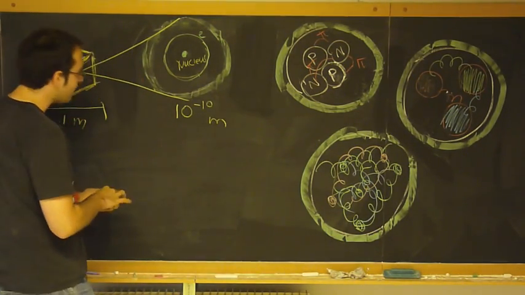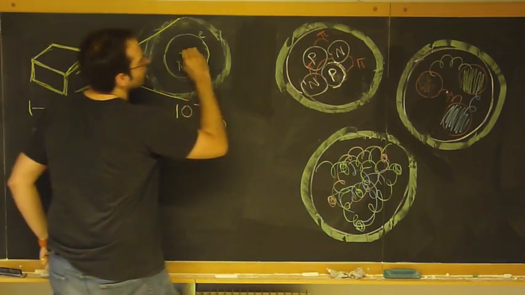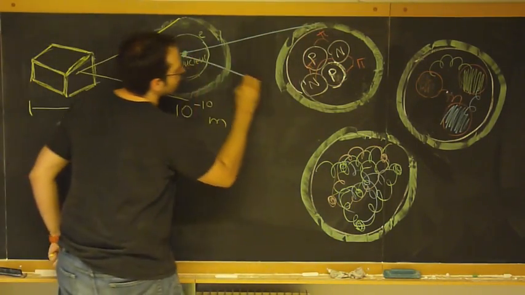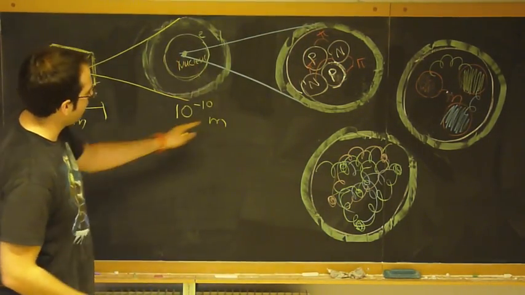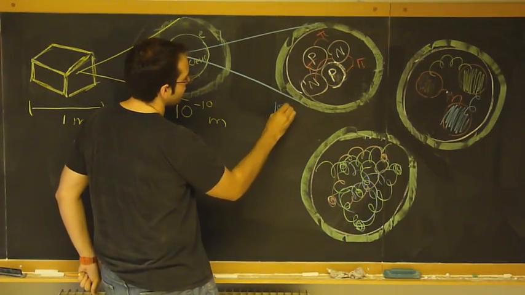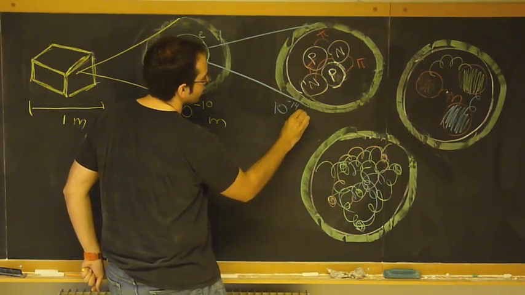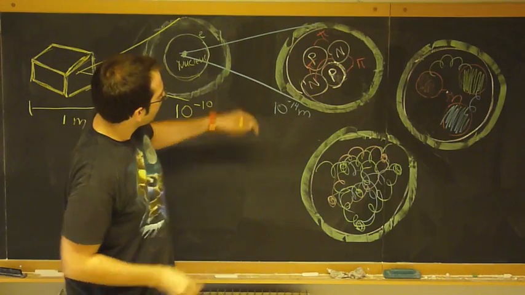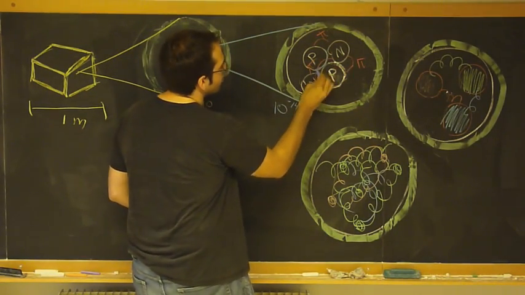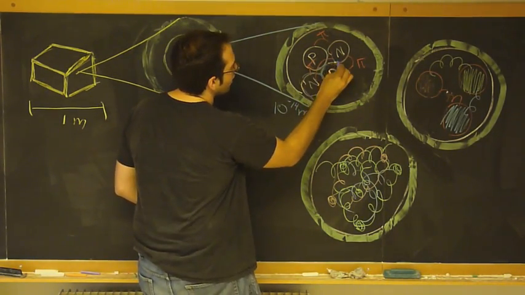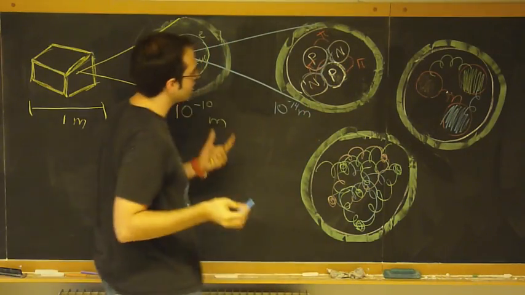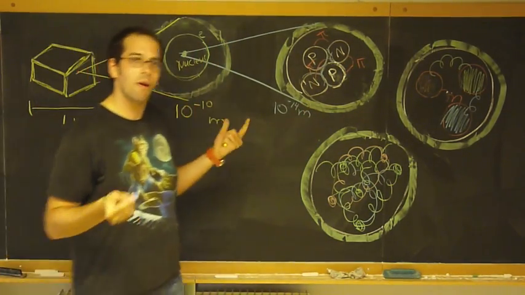So if we zoom in another level, to the level of the nucleus, now we've gone down in scale to 10 to the minus 14 meters. And at this point, we start seeing protons and neutrons emerge as discrete structures. And we see that they're bound together with this residual nuclear force carried by pions.